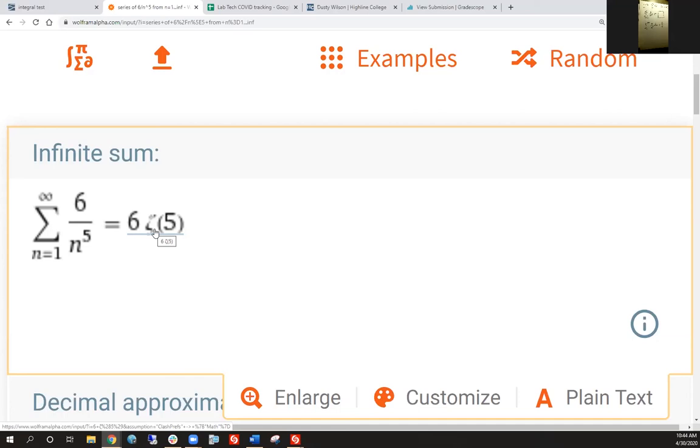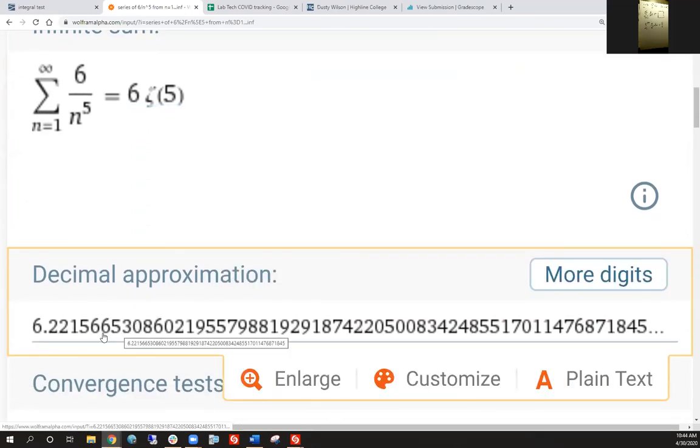Some funky Greek letter. And this is a good example of Wolfram Alpha not being terribly helpful to you. But the decimal approximation is this ugly number right here, 6.22 something, and most importantly, it's very much not 6/4.